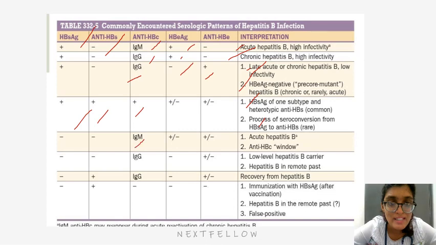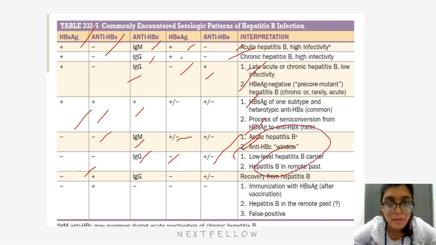If anti-HBc is IgM and HBsAg and anti-HBs are negative, but HBeAg and anti-HBe are positive or negative, then it is acute hepatitis B, and anti-HBc alone is the window period. If the same with IgG and HBeAg is negative, HBsAg and anti-HBs are negative, then it is a low level hepatitis B carrier. So this is a carrier state.